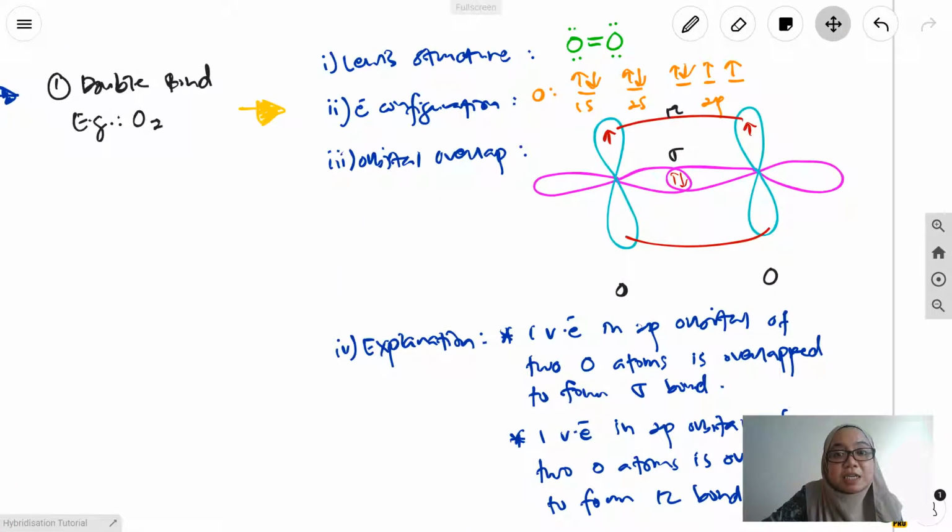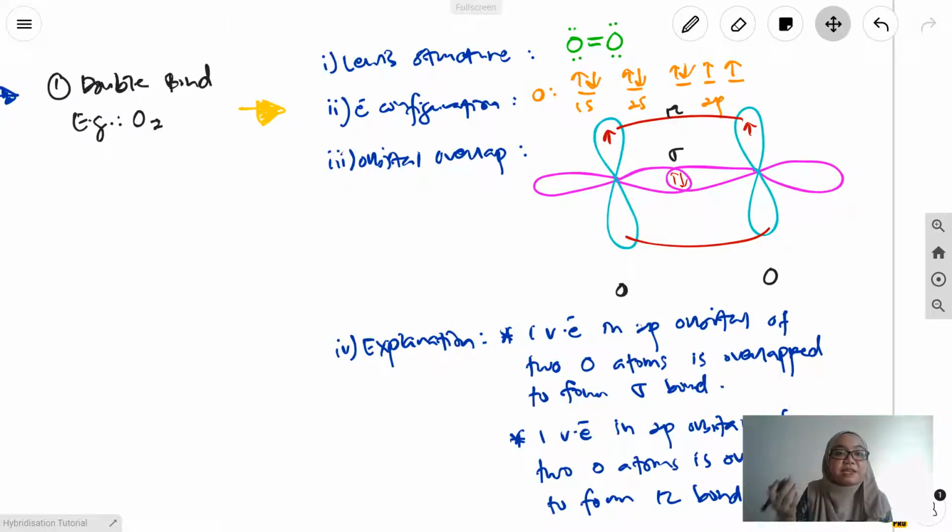So first we need to draw the Lewis structure for the oxygen gas. Next, we need to come up with the orbital diagram of oxygen. There are 1s2, 2s2 and 2p4. In this case, we see that there are two unpaired orbitals.